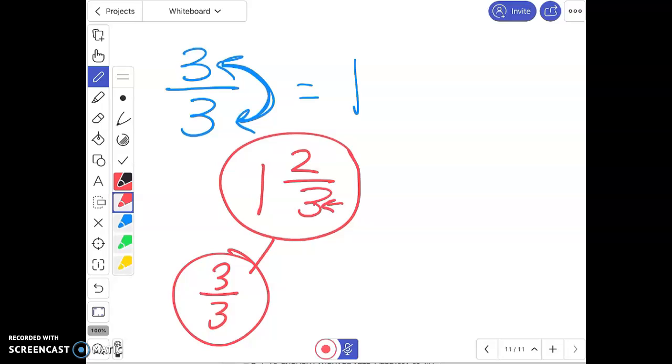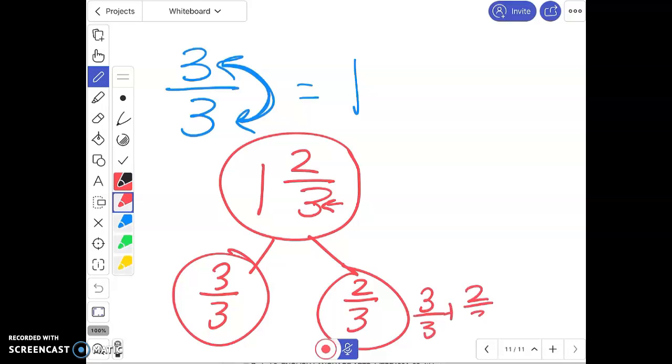See? Then I could add on 2/3. That's one way. So 3/3 plus 2/3 equals 1 and 2/3. That's one way to decompose 1 and 2/3.